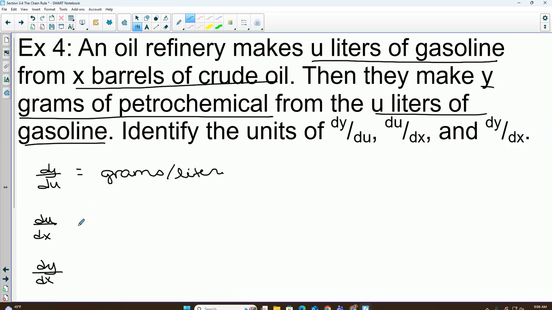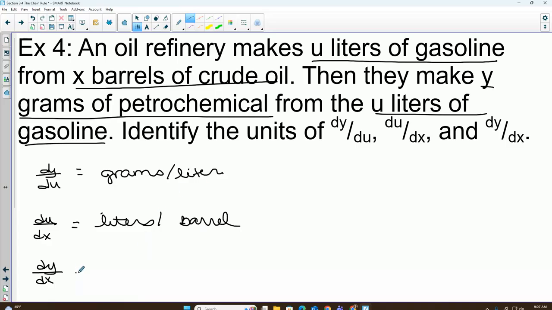All right. So if I ask for the unit of du dx, what would that be? Liters per x, which was in barrels. All right, and dy dx, what would that be?